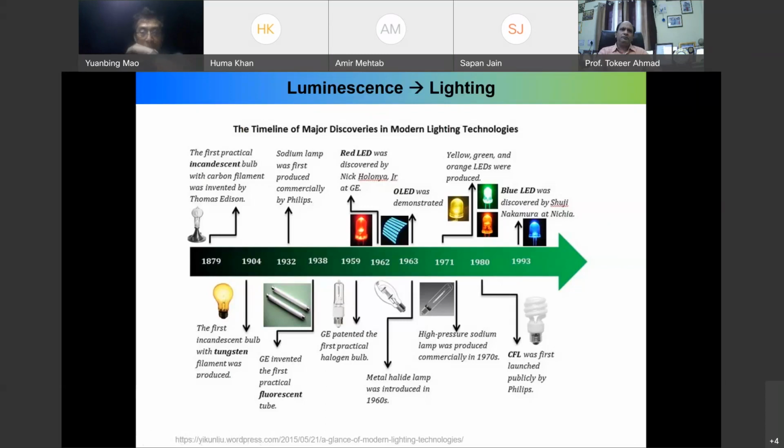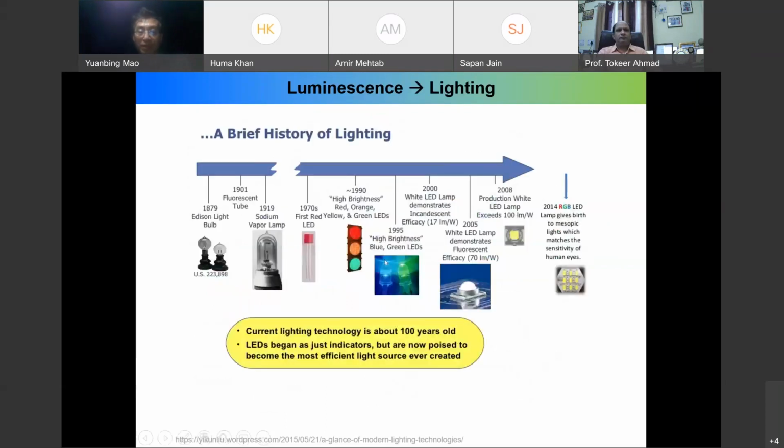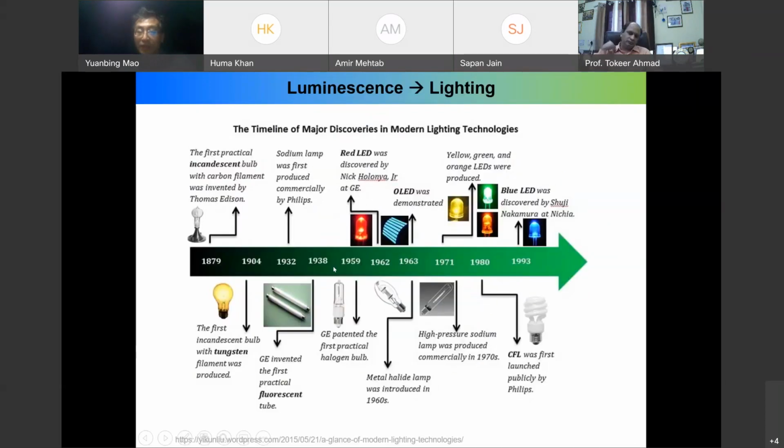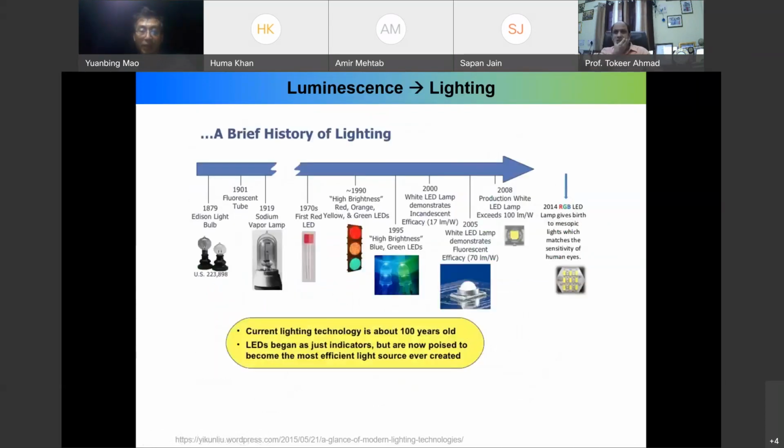So that is more in the 19th and 20th century. A little bit more related to this, I want to go into this part. Here it's 1993, and we got the red LEDs, and then red, orange, yellow, and green LEDs. But brightness was also important. In 1995, high brightness blue and green LEDs were developed, so they could be commercially used.